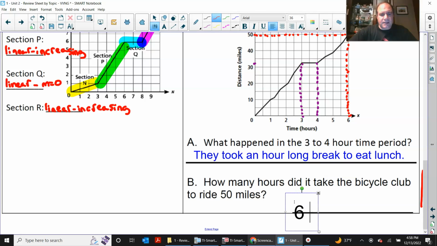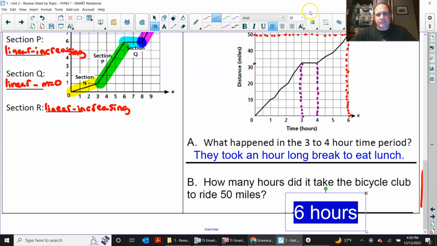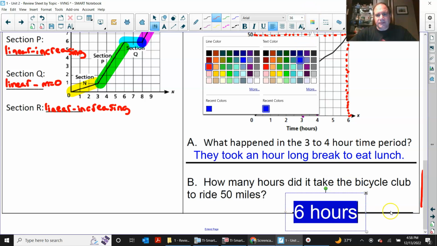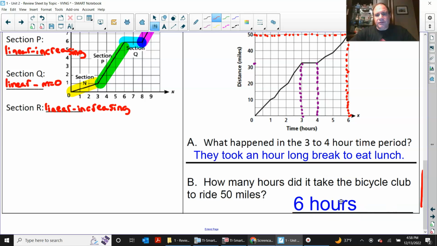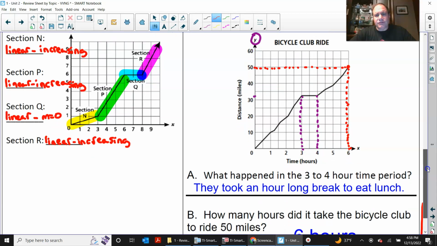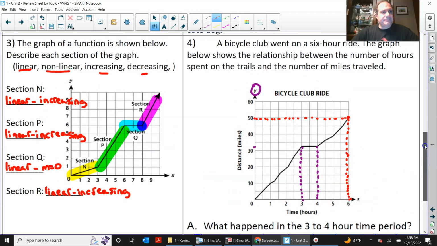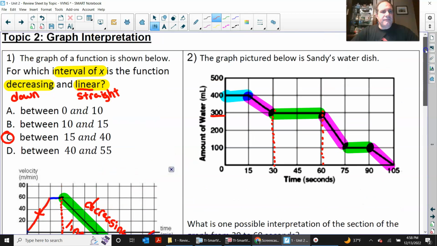So 6 hours. And that is it. Remember, you're just looking at the graph, and you're drawing those dotted lines over from the y-axis to the line itself, and then determining how long it took them. And that's basically it. Right? So that was graph interpretation.